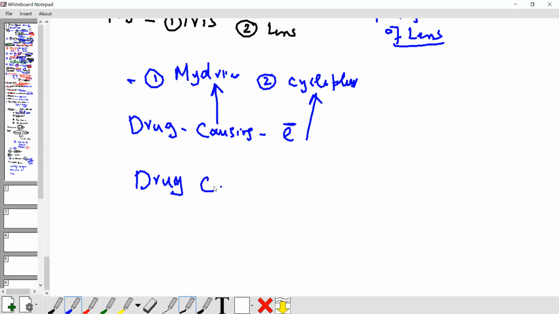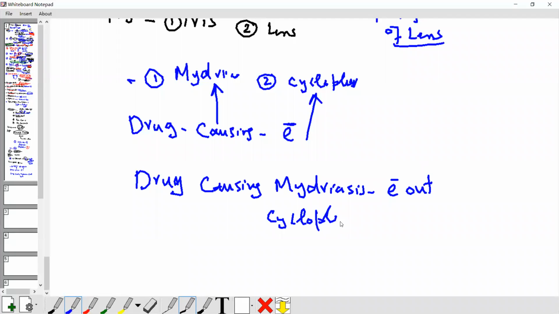Now the drug causing mydriasis without cycloplegia, that drug belongs to the alpha 2 receptor.